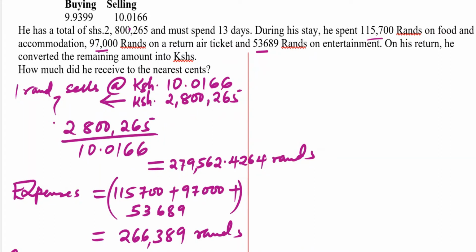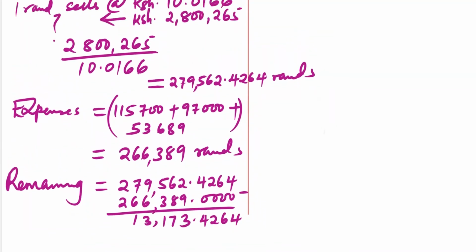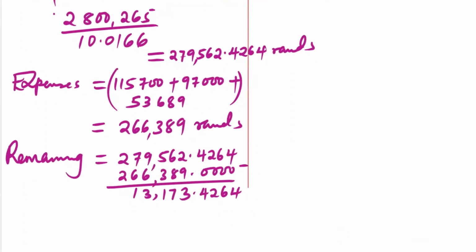So converting that to Kenyan shilling, of course, we have to go to the table of conversion. To convert the rands to Kenyan shilling, the Kenyan bank will buy. So let's go back to this.